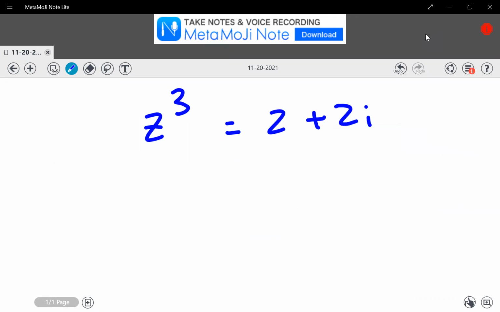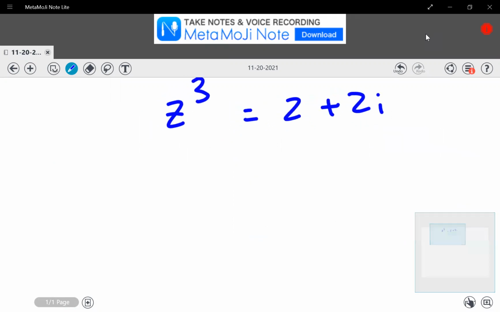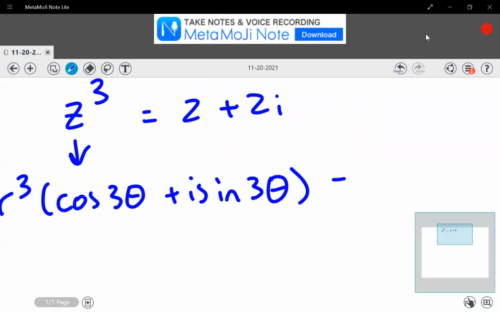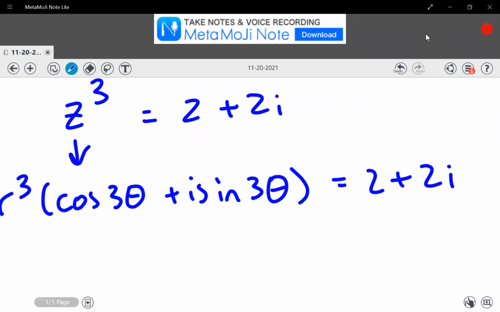If you go ahead and rewrite it, we essentially get r to the power of 3 times cosine 3 theta. Remember De Moivre's theorem, where we can convert our z to the n, plus i sine 3 theta. That's going to be equal to our 2 plus 2i.